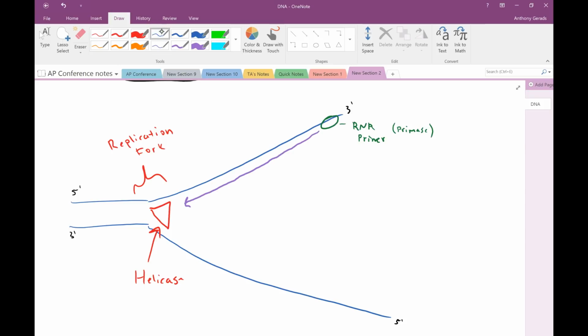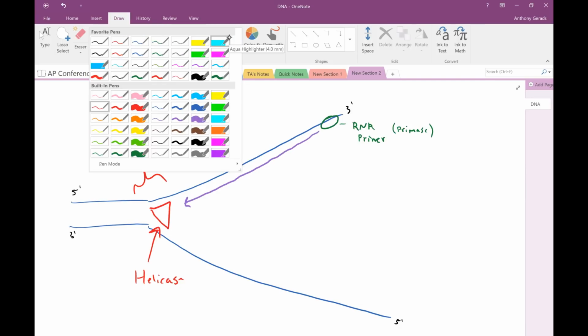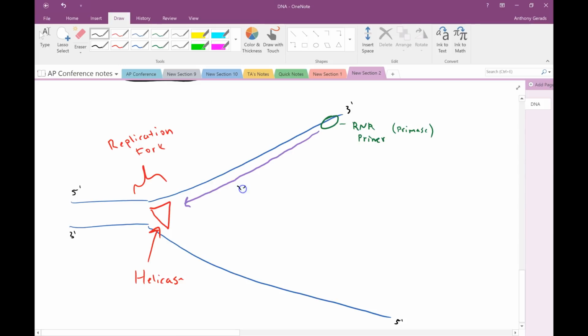This strand right here is now called the leading strand. Because 5' to 3', I can only add nucleotides to the 3' end. So as helicase unzips it, it exposes 3'. Unzips more, exposes 3'.